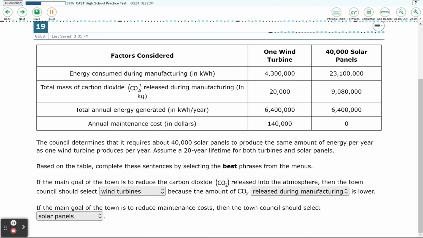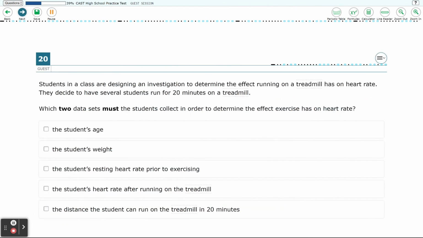Let's head on to question number 20, the big 2-0. All right. Students in a class are designing an investigation to determine the effect running on a treadmill has on heart rate. They decide to have several students run for 20 minutes on a treadmill. Which two data sets must students collect in order to determine the effect exercise has on heart rate?